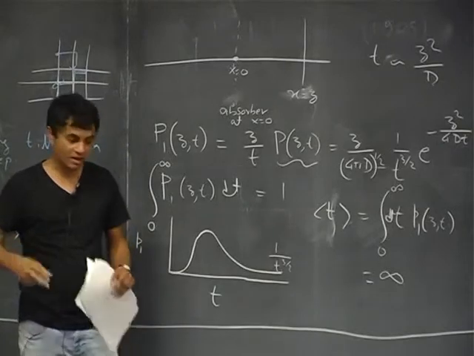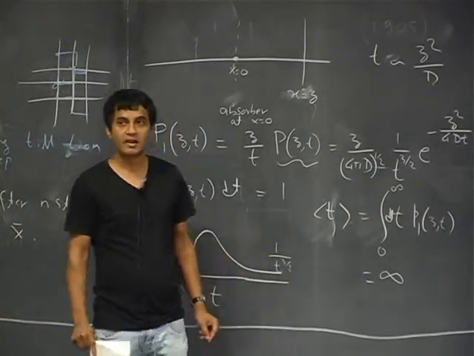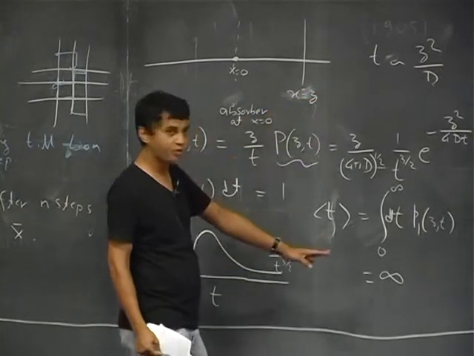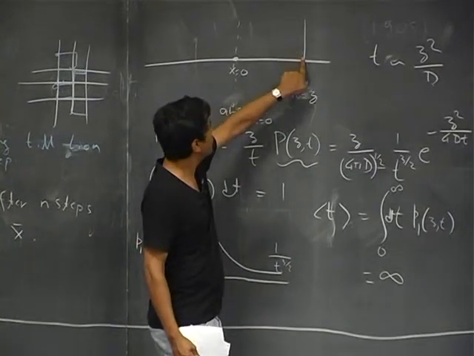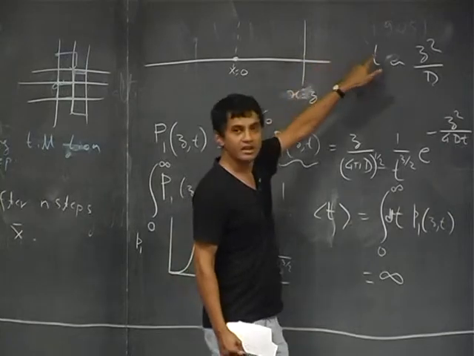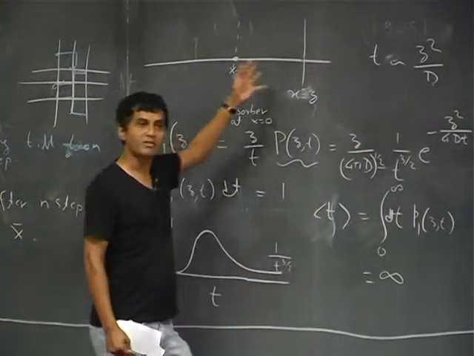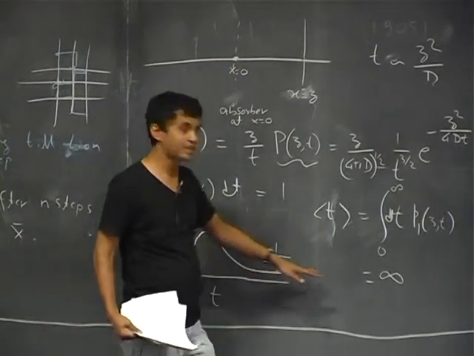This is the typical time scale for diffusion. But then why do you get infinite? The reason is that when you start from here, a lot of walks go a long way in the wrong direction, and then they come back, and they give rise to this very long tail.